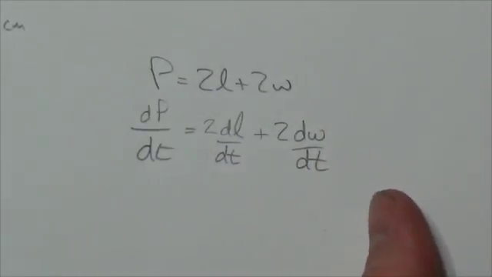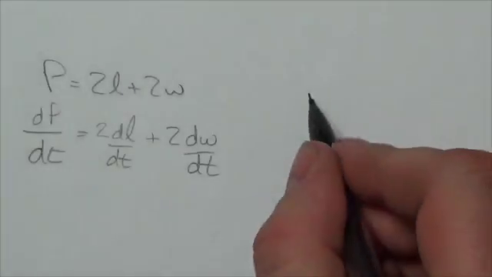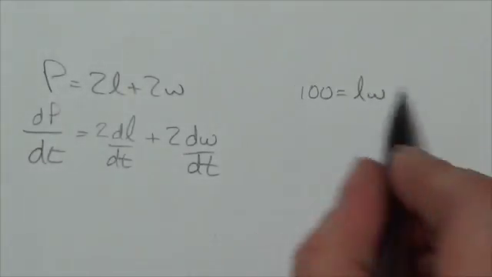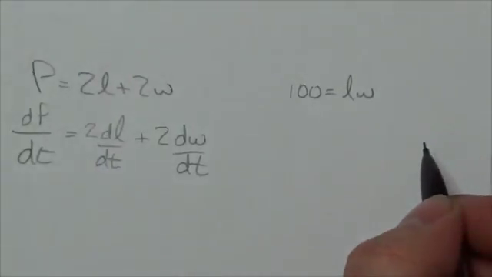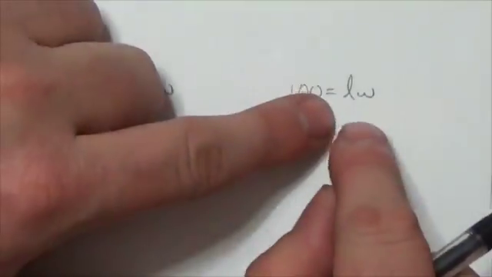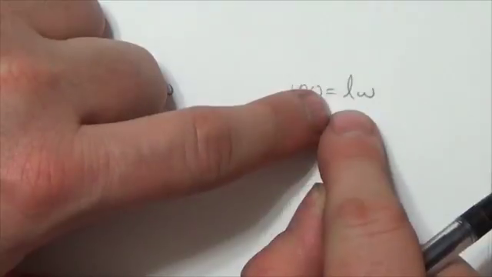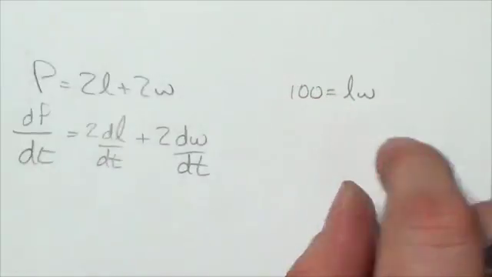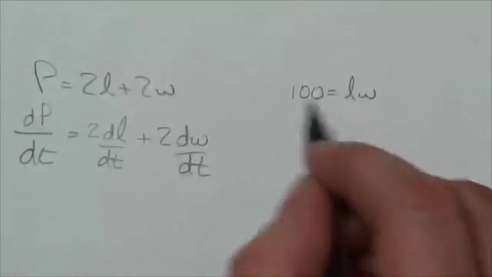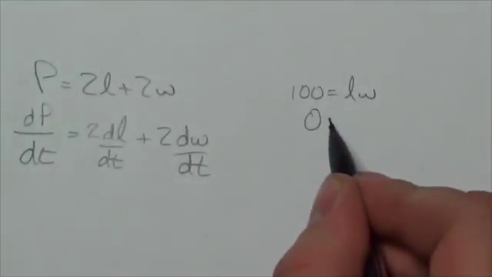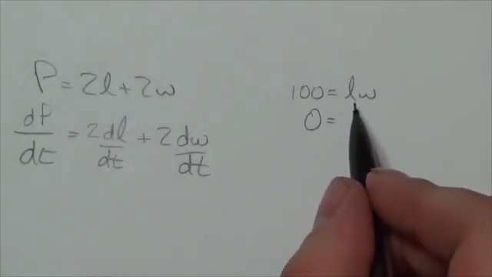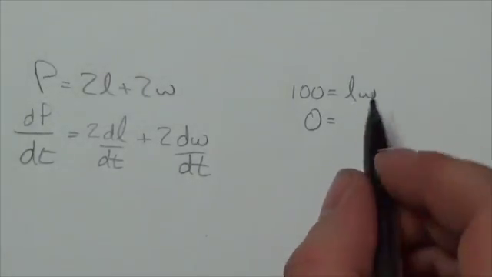I do know that the area is a constant. So we're going to go back to this. This was length times width. I'm going to take the derivative of this, because if I do, I'm going to introduce the dL/dt, and I will introduce the dW/dt, and I'll be able to relate those two. So now, when I take the derivative of this, first of all, the derivative of that constant is going to be 0. And now this is going to require the product rule.